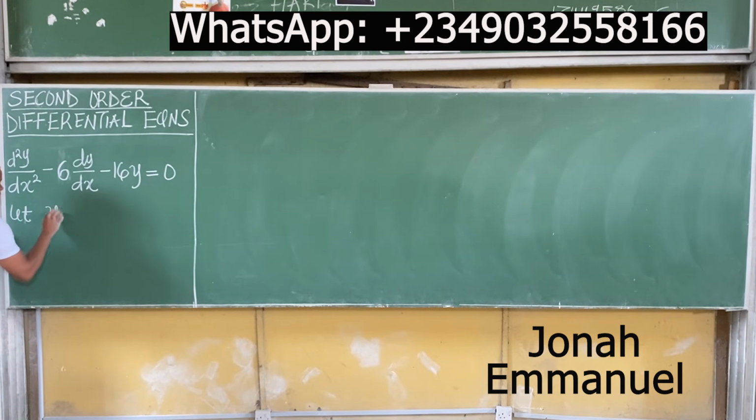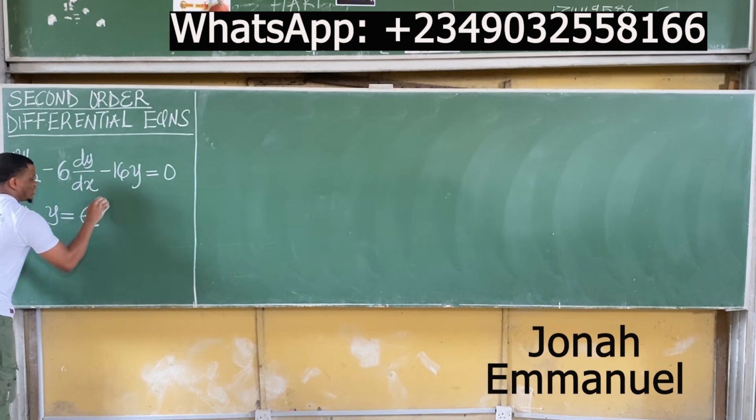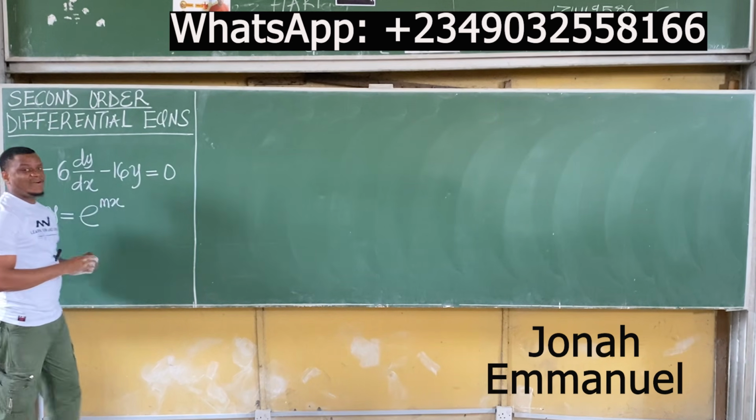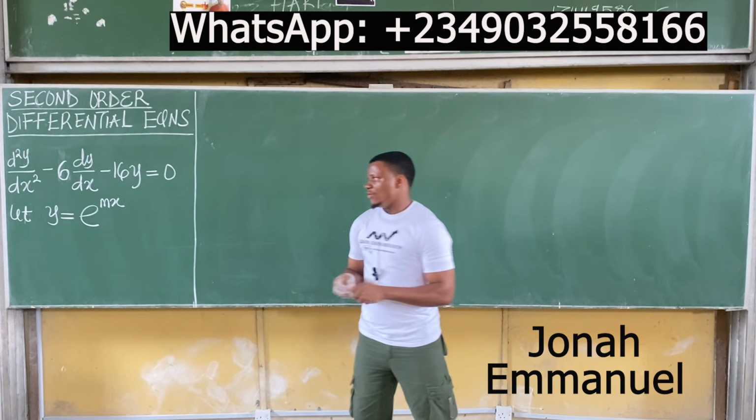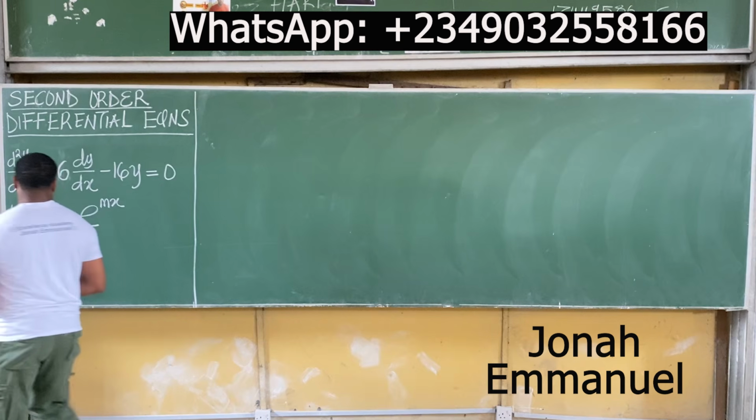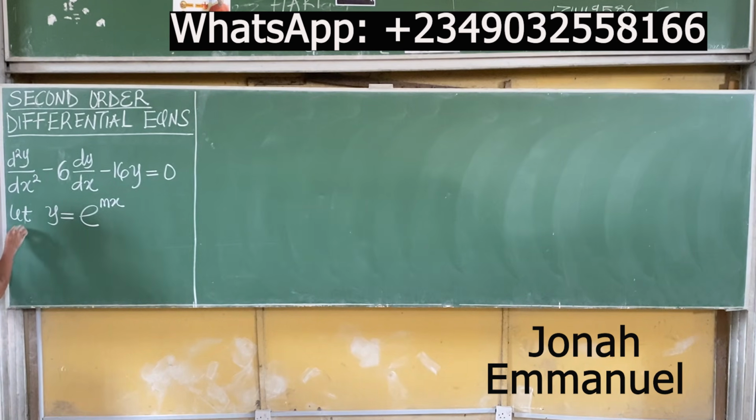So step 1 would say, let y be equal to exponential mx. We need to find y prime and y prime prime. y prime is the same thing as dy dx. So find dy dx.